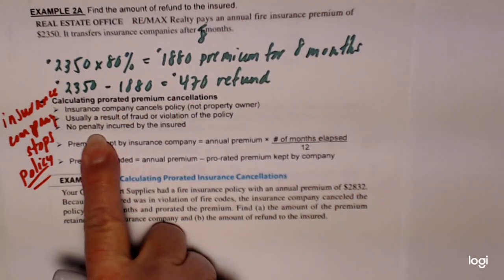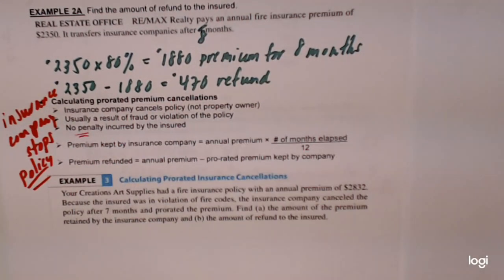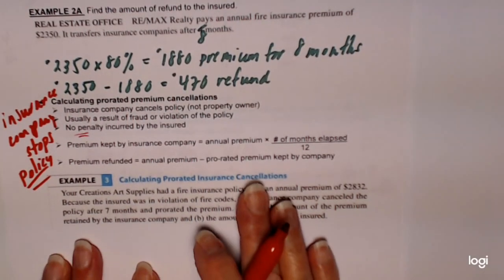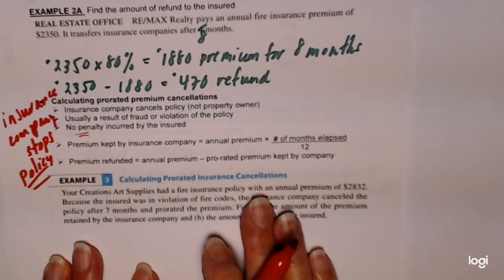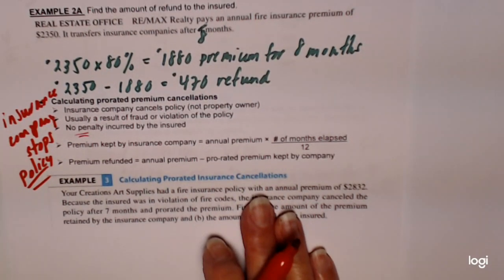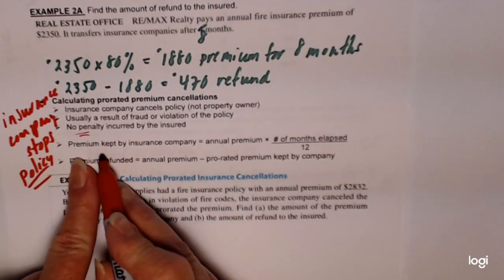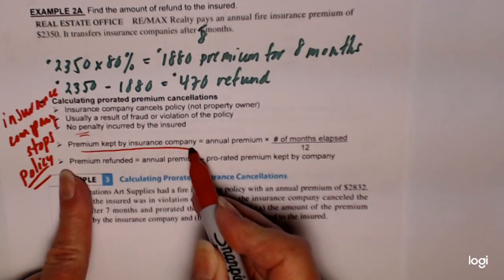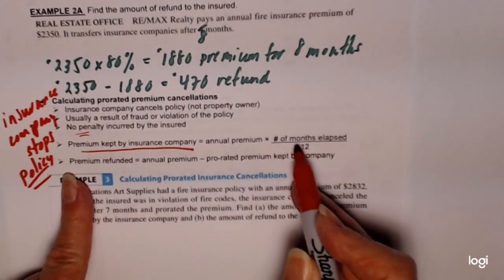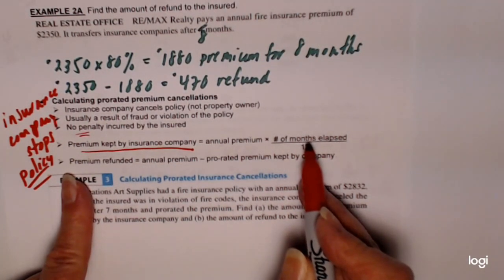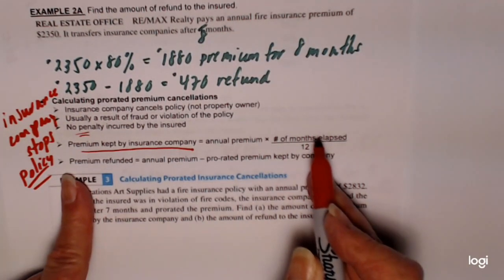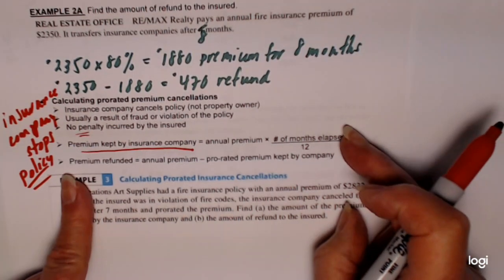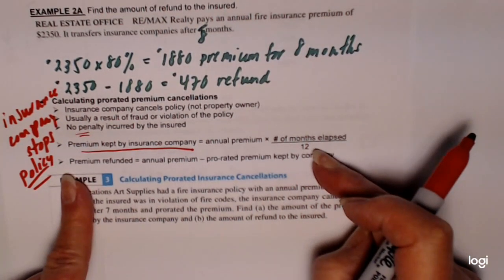In this situation, there is no penalty incurred by the insured. So what's going to happen is the insured is going to pay a strict proration of the premium. So here, the premium kept by the insurance company is going to be the annual premium, but now instead of some funky amount that they've come up with where they earn a little bit extra, it's going to be strictly the number of months that have passed that the insurance has been in effect divided by 12, the number of months in the year.